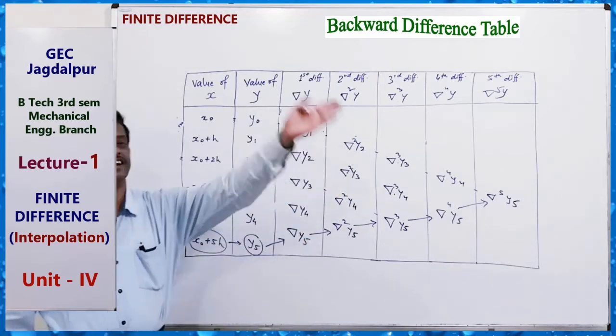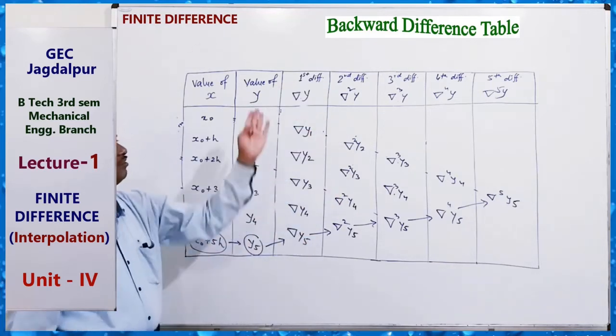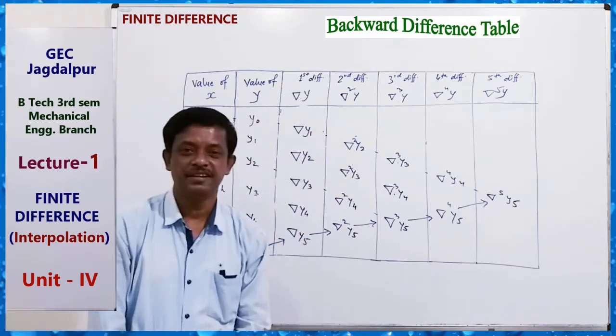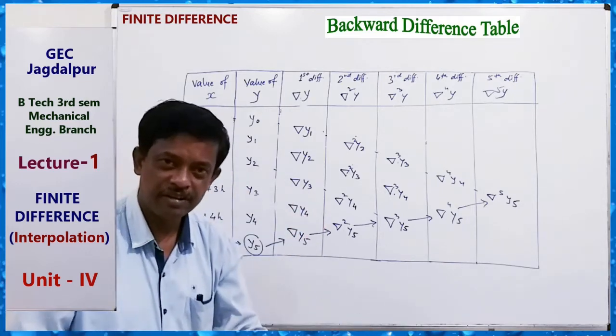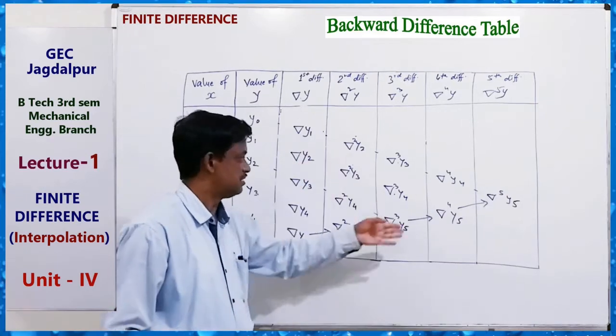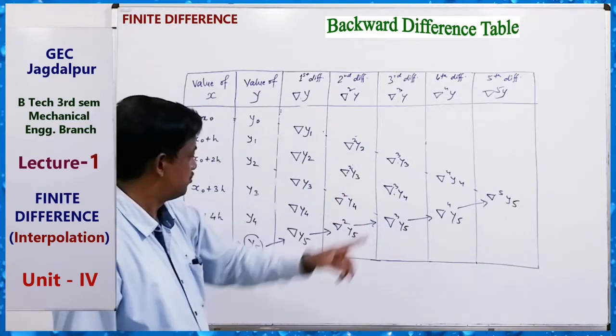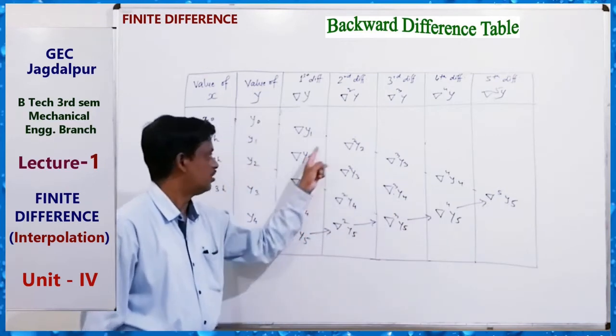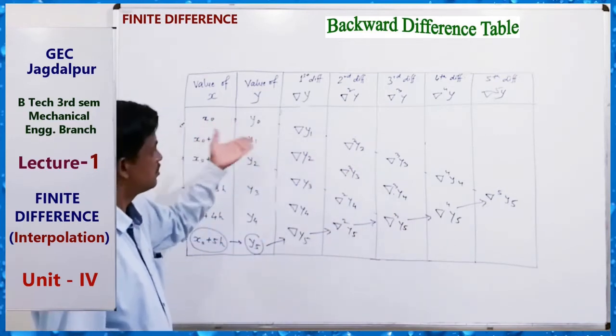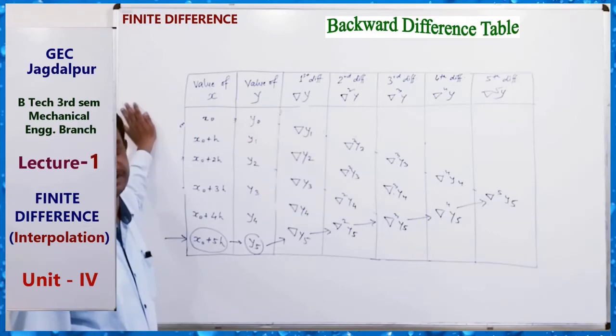These will be the leading differences for the backward difference table. Clear? So the table creation method is the same. Only the notations are changed for backward differences. These are the arguments. So this is the backward difference table.